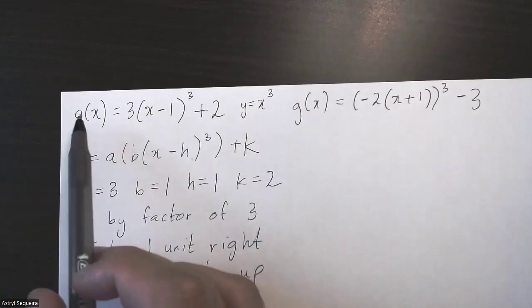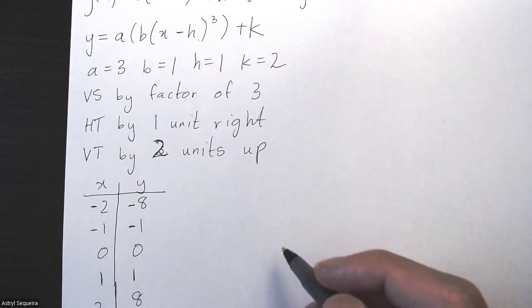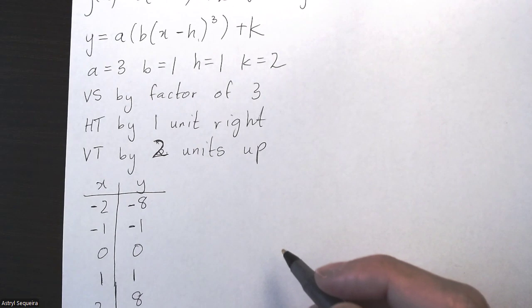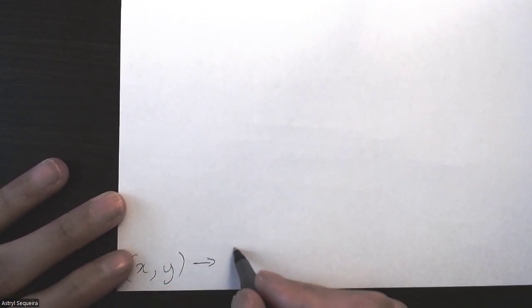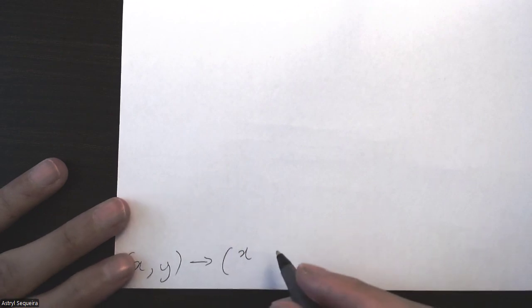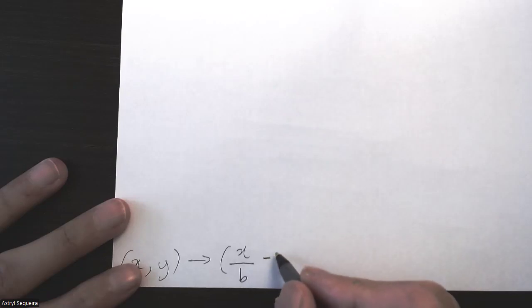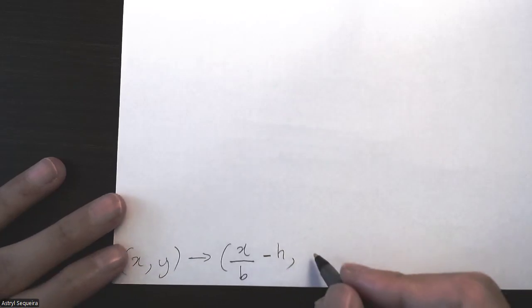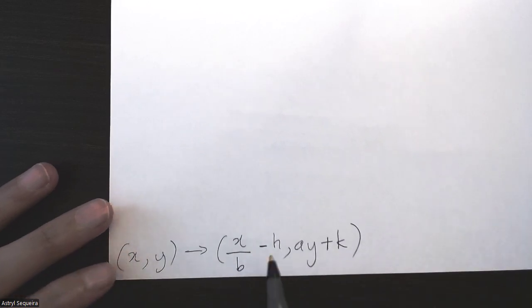Now I have to do my transform function, and to do that, I'm going to use my mapping rule. My mapping rule is simply right here at the bottom: x, y transforms to x divided by b minus h, and then y transforms to ay plus k.